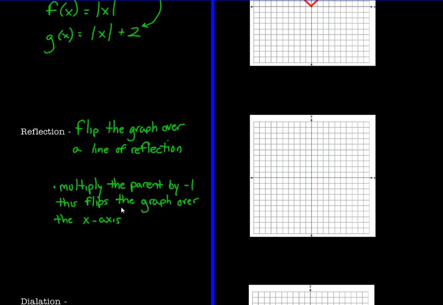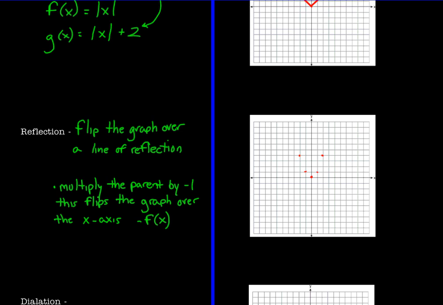Okay, that will look like this if we had it. It's just f of x becomes negative 1 times f of x. So if we had a parabola, let me go ahead and draw my parabola here: 1, 1, 0, 0, and 2, 4. I'll just do this right here.